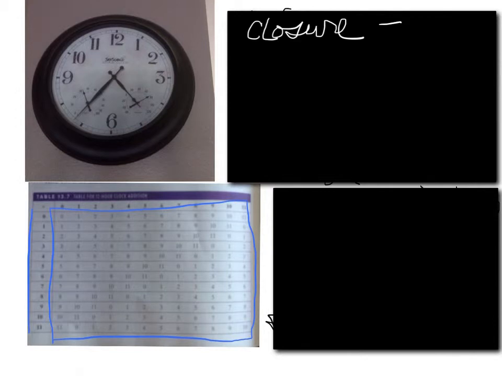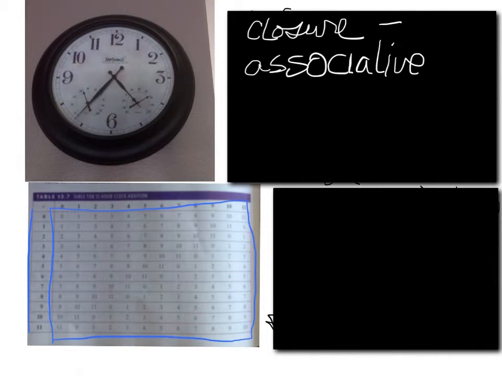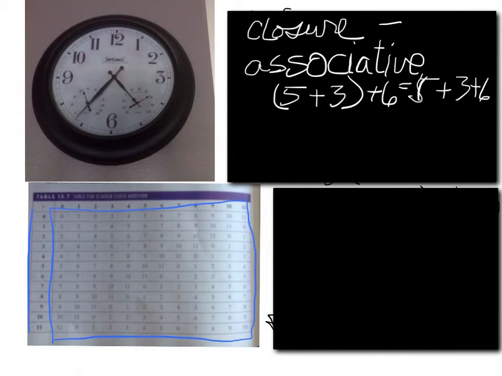Number 2, does it have the associative property? Well, certainly it has to be associative. You could do an example like 5 plus 3 plus 6 using the binary operation we've defined, and you're going to end up in the same place.